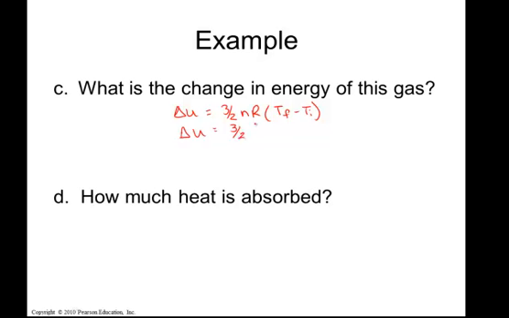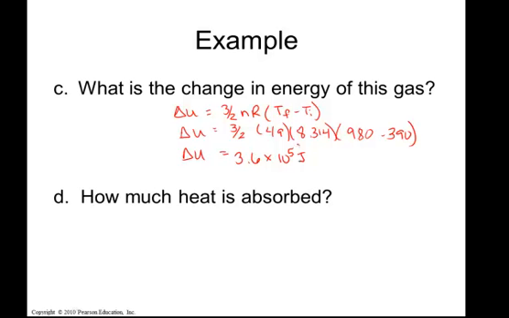And n was 49, R is 8.314, and then my temperature difference was 980 minus 390. And I got 3.6 times 10 to the 5th joules.